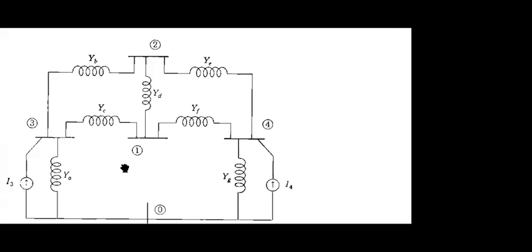So you already know how to do source conversion, right? If it is a voltage source, how can we generate the equivalent current source? A voltage source will have series impedance or series reactance, but a current source will have parallel admittance, the equivalent parallel admittance.